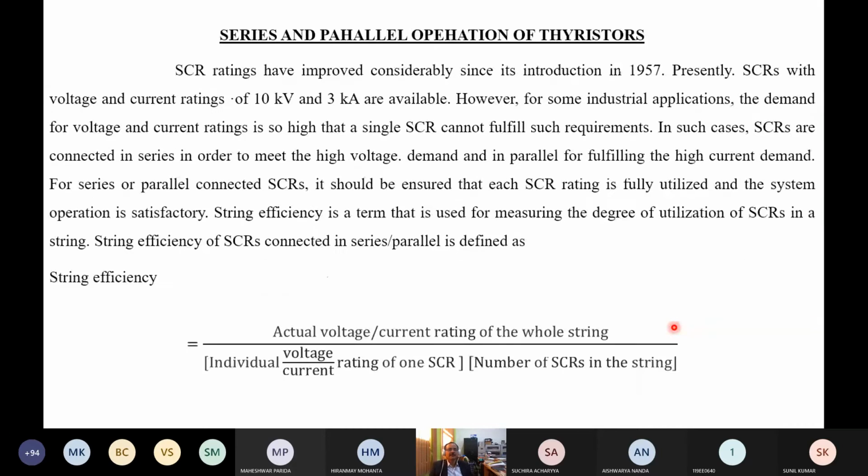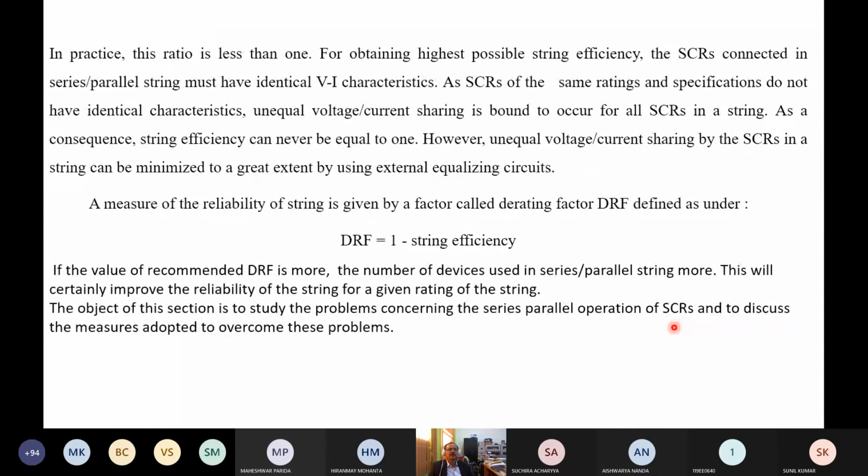So string efficiency is a measure of the degree of utilization of the SCR rating, right? But it is always less than 1 because the SCRs do not have identical VI characteristics. And there is another factor, DRF, 1 minus string efficiency.